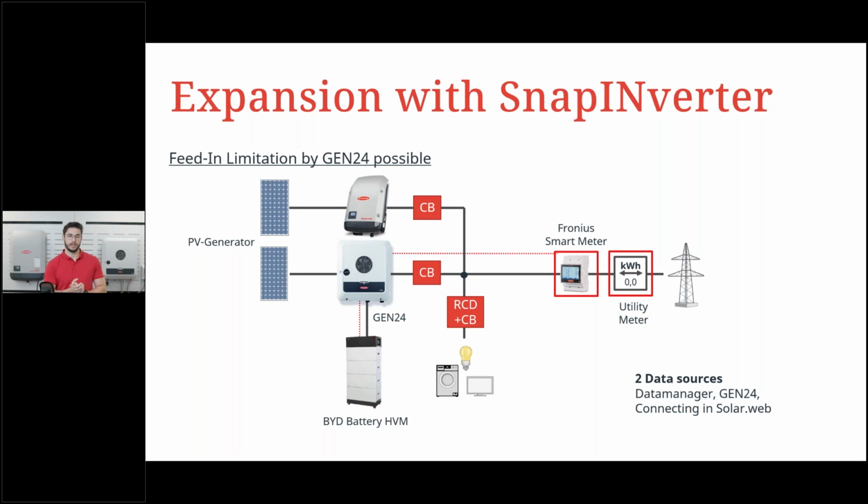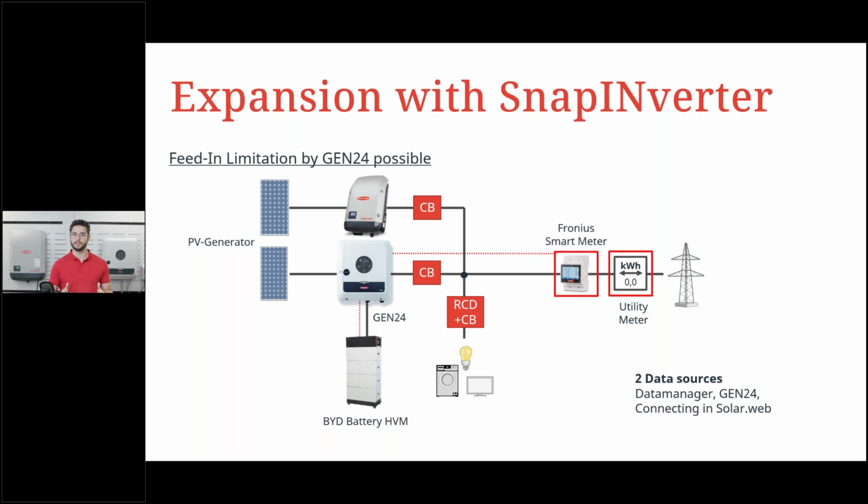Now, let's say we have a system with a GEN24 and a SnapInverter. As you can imagine, it is also possible to interconnect those two on SolarWeb if the SnapInverter has a data manager card implemented. And there could be some scenarios where in some regions, some countries, the grid supplier says you have to do a feed-in limitation because the transformer is at its limit, the cable is at its limit, whatever it is.